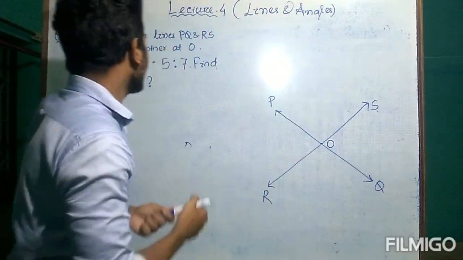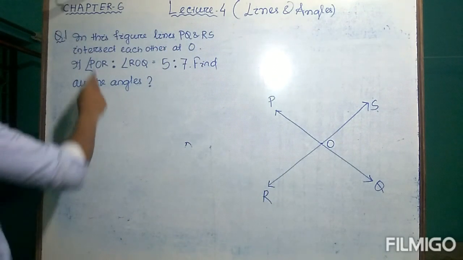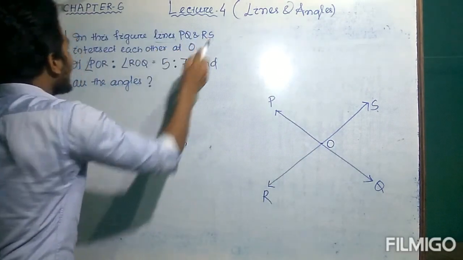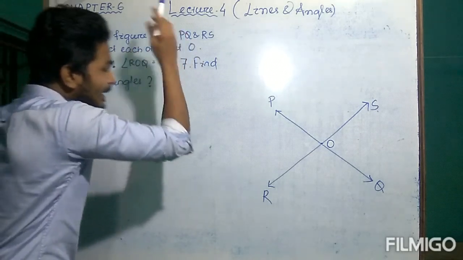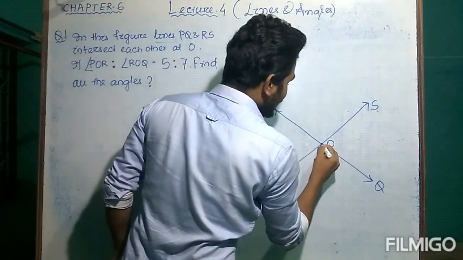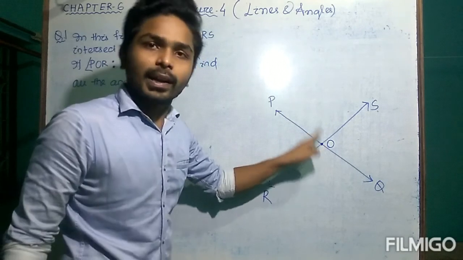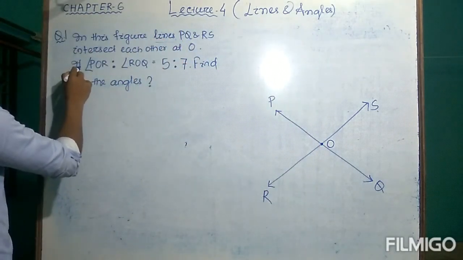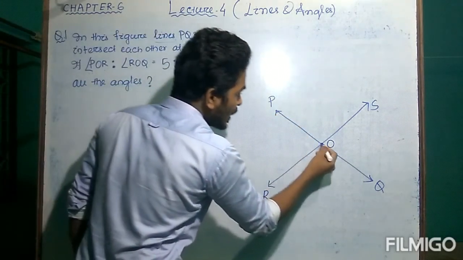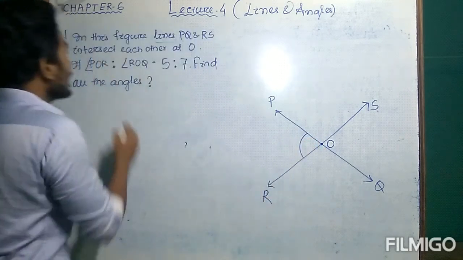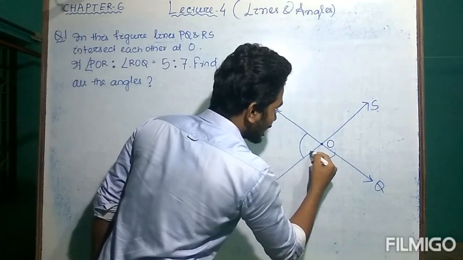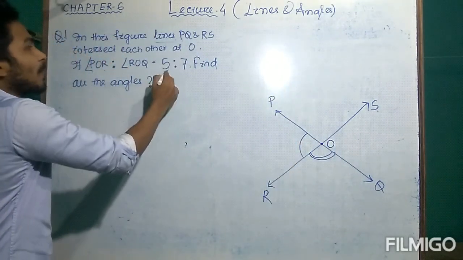So here is the first deduction. The question is, in this figure, two lines PQ and RS intersect each other at point O. So in the figure, the two lines PQ and RS intersect each other at a common point O. And it is given that angle POR to angle ROQ is equal to 5:7.